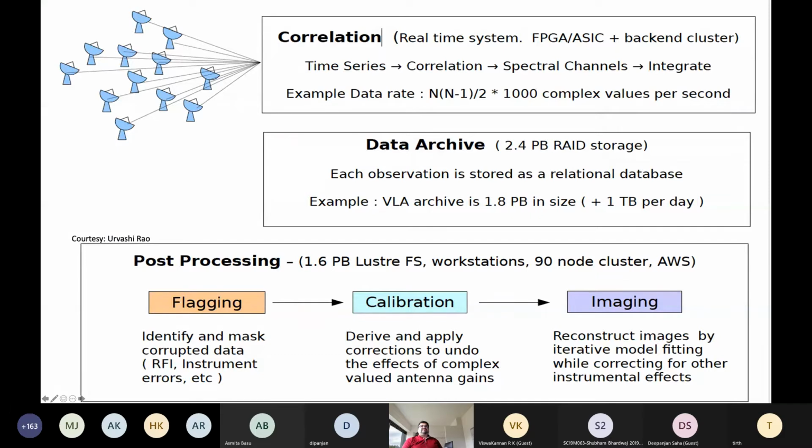Then if you have some number of channels, with 1,000 complex values per second, you can see how the data rate gets computed as you observe a single field for a long time over a large bandwidth. For the VLA, it was estimated to be about 1.8 petabytes in size, plus about a terabyte per day for storage. That's the estimate for the VLA, which is just 25 antennas operating.